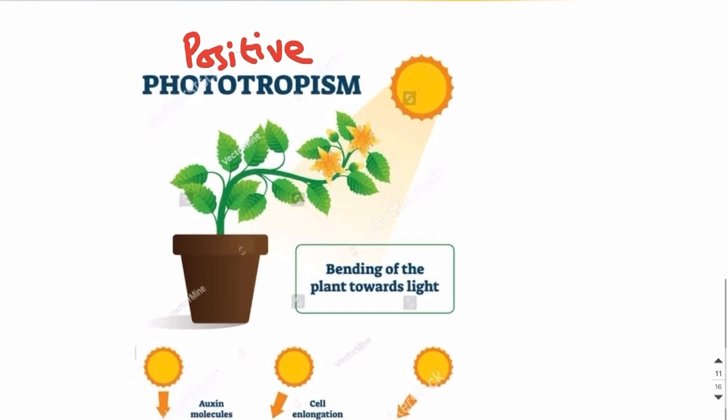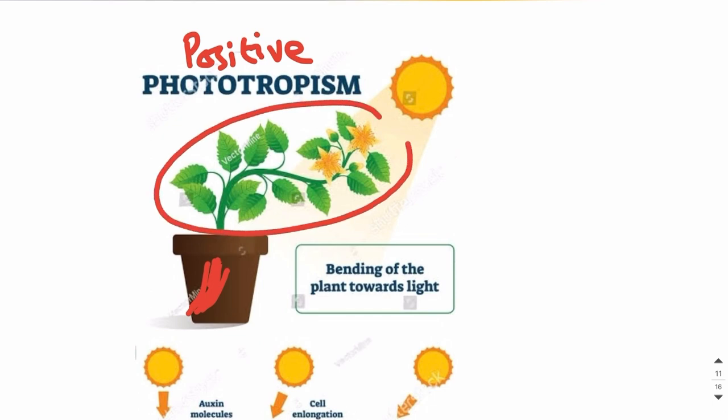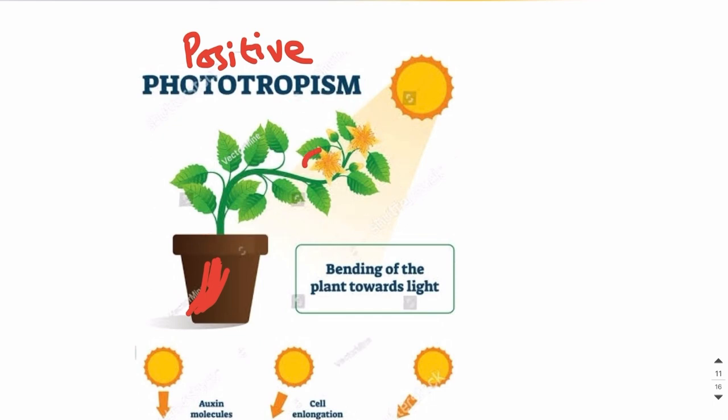What happens to the roots? Obviously, the roots bend away from the light, and that is called negative phototropism. So normally what happens is that shoots bend towards the light, that is positive phototropism, and roots bend away from the light, that is negative phototropism.